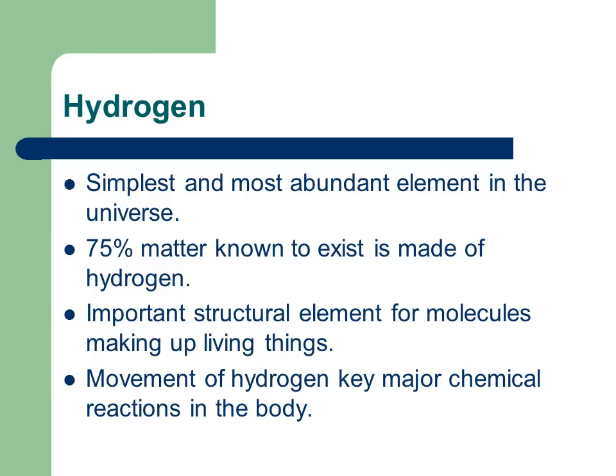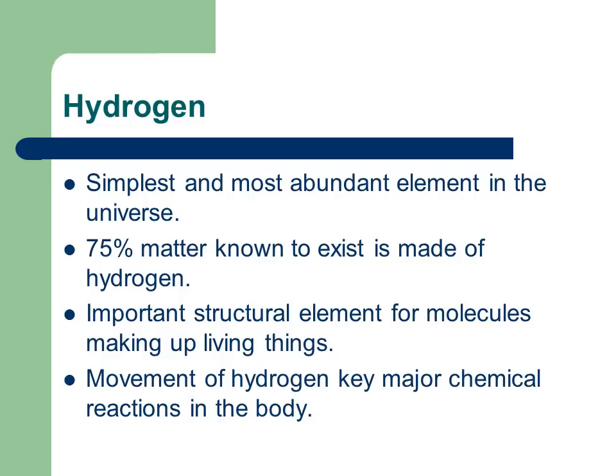Hydrogen is the simplest and most abundant element in the universe. So with its 1 proton in the nucleus and its 1 electron in its outside shell, it is a very simple structure. 75% of matter known to exist is made of hydrogen, and it's an important structural element for molecules making up living things.